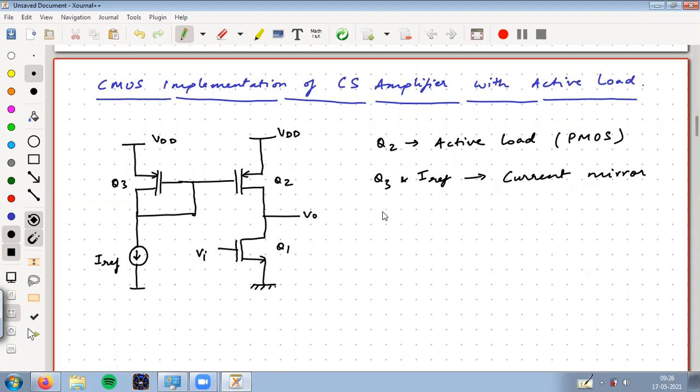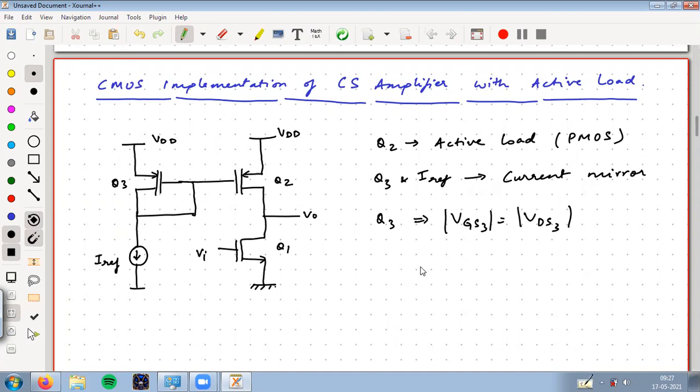For Q3, if you take Q3 into picture, its VGS3 and VDS3 are the same. Why? Because gate and drain are shorted. So VGS3 and VDS3 are the same, and I've put the modulus because it is PMOS.